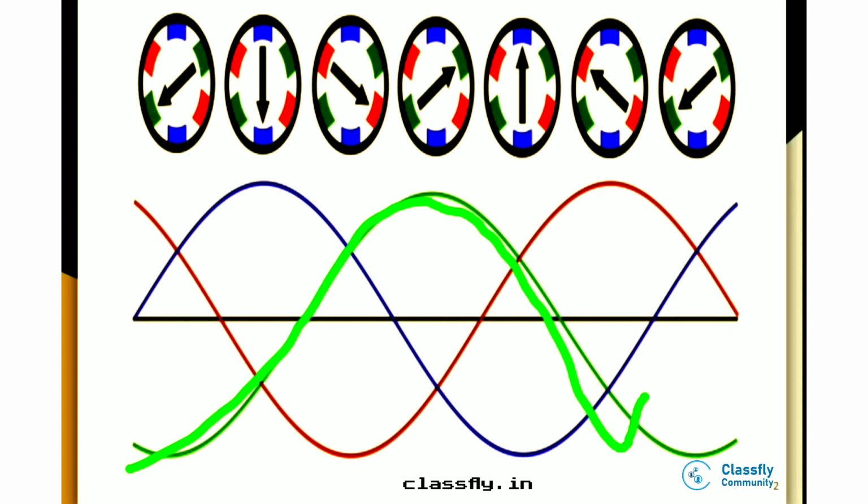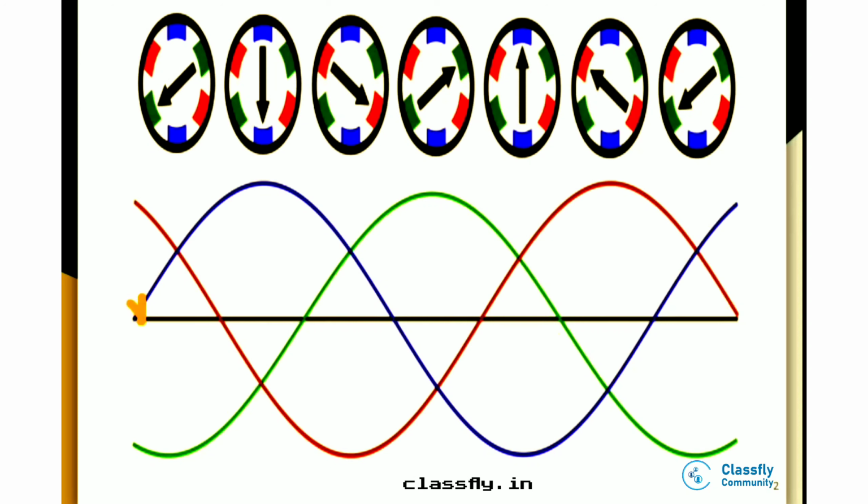So it will be phi m sine omega t minus 120 degrees, whereas the red one will be minus 240 degrees.